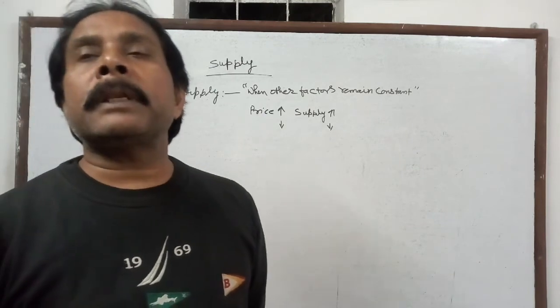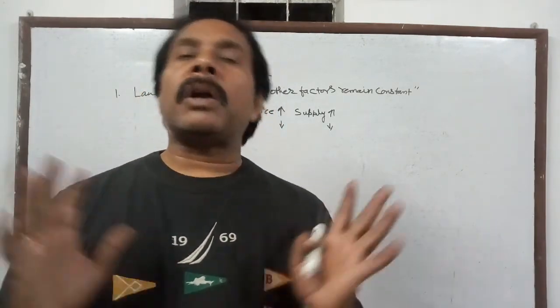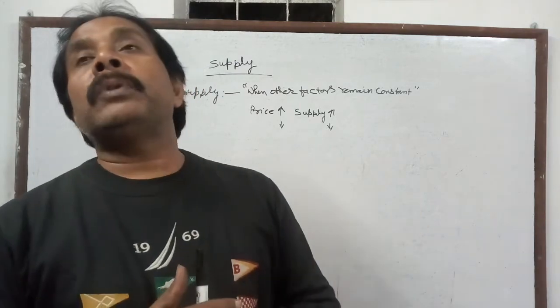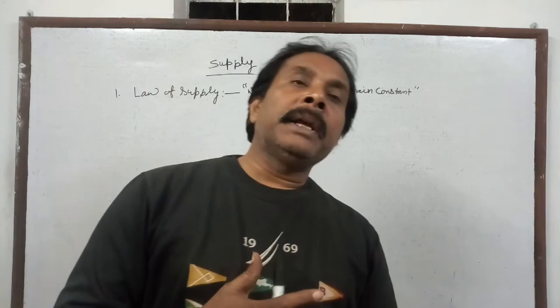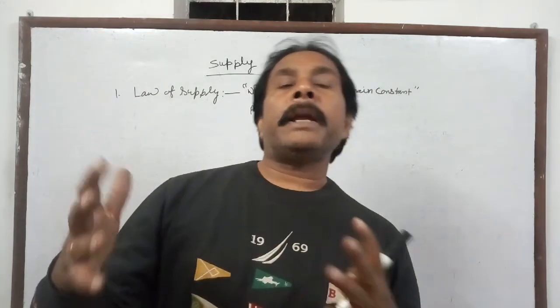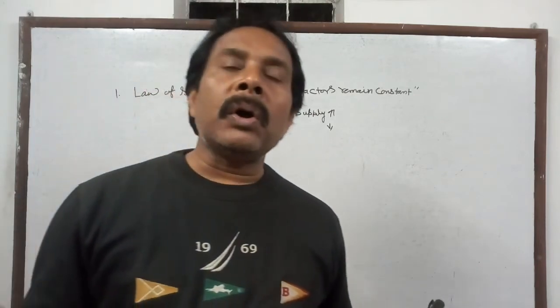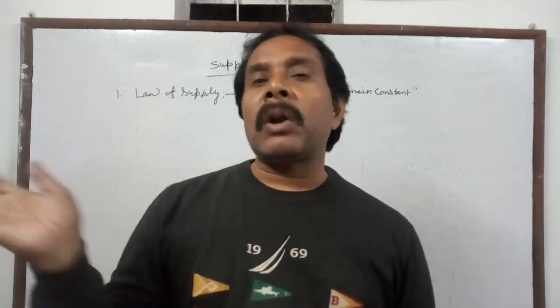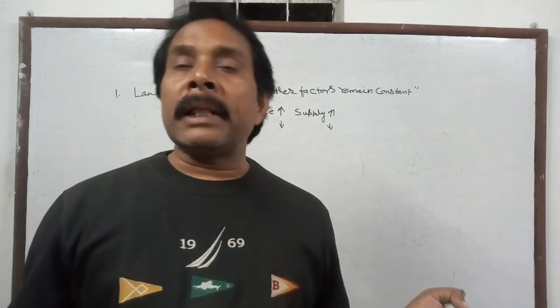Now there are some exceptions to the law of supply. Exceptions mean conditions in which it will not apply. First, future expectations. If the firm thinks that in future the price of the commodity will increase, then at this price they are not ready to sell their products.